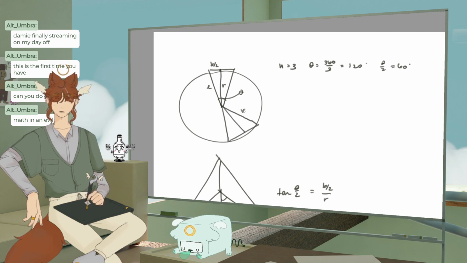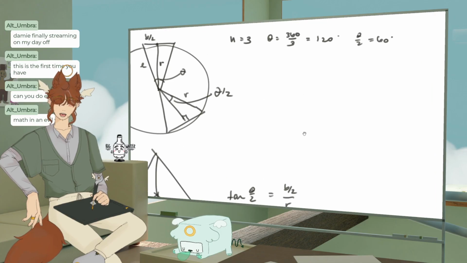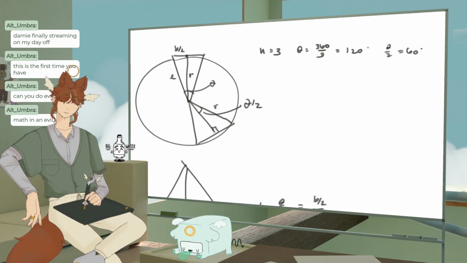Okay, so this is R. And then this is theta over 2. So we still want this base, but then we just have to say hypotenuse over, well, we can say that R sine theta over 2 equals b over 2.